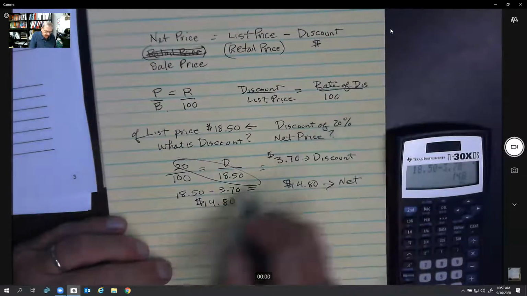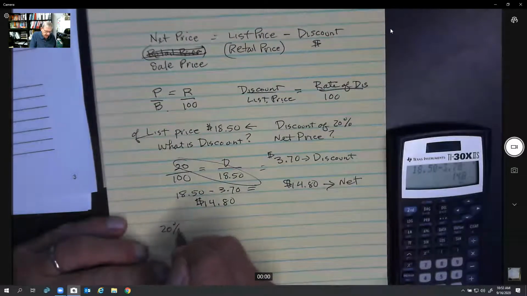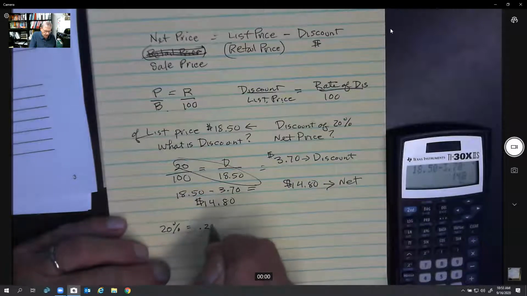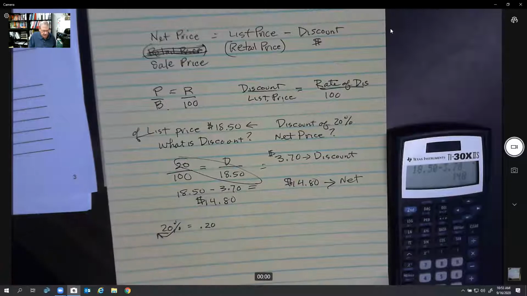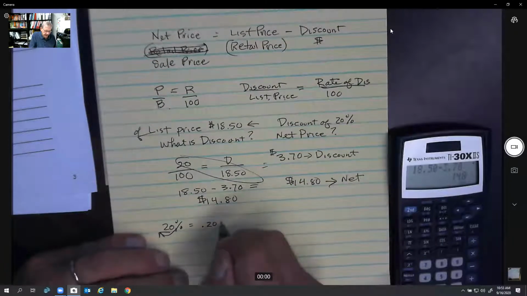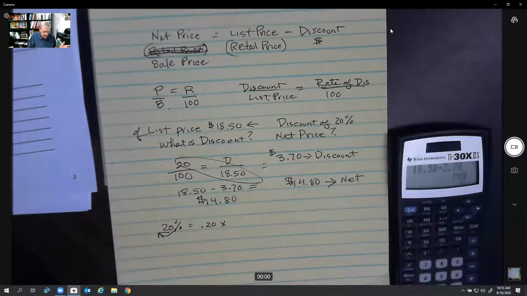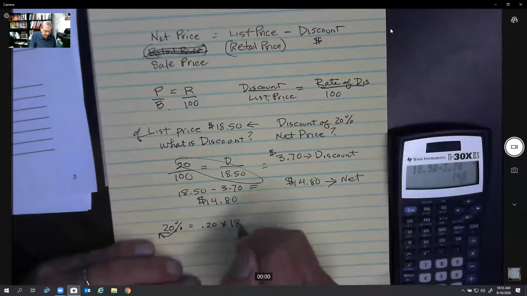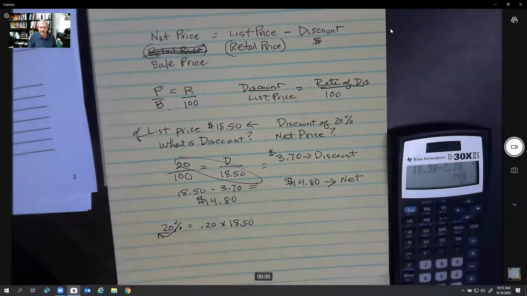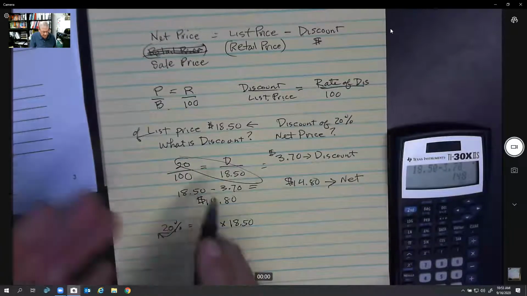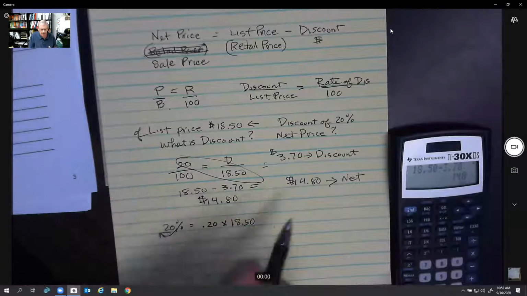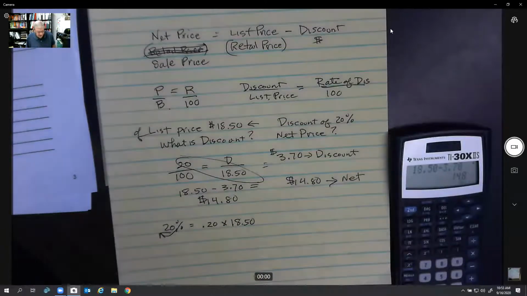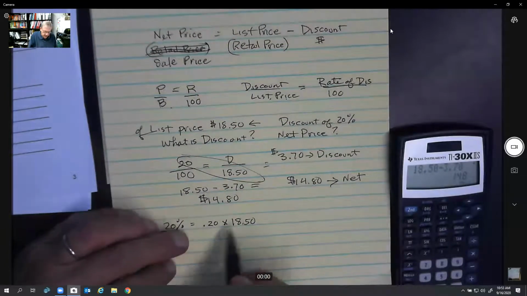So we're going to change this 20% to a decimal, 0.20, moving our decimal point two places. 20% times how much did it originally sell for? 18.50. And that'll give you the discount. What the 100 does is move your decimal point automatically, but you can do it manually.